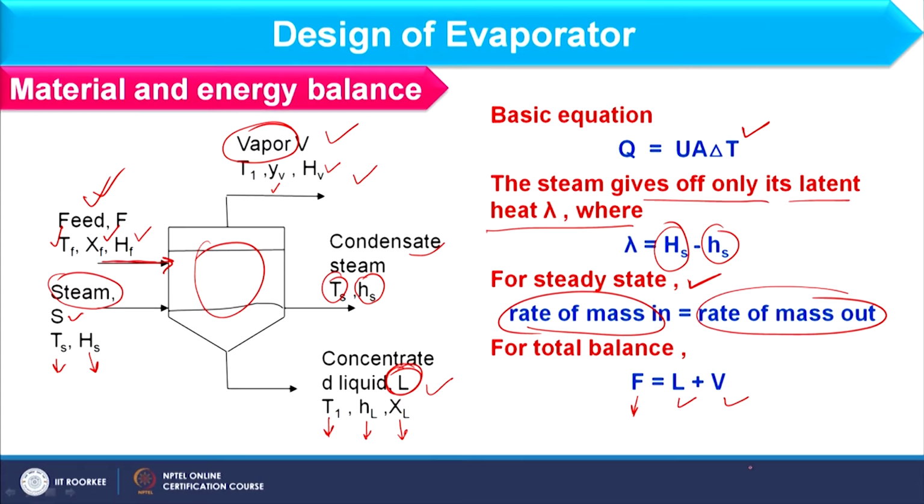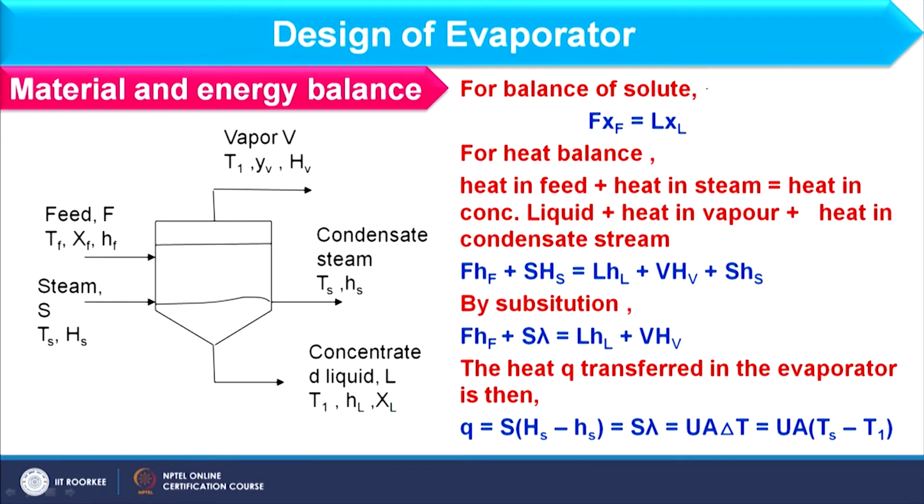So F should be equal to L plus V. Further, if I make the solute balance, the component balance, I assume that the vapor is solute free. Whatever vapor is generated does not include any solute. So YV should be 0. If I consider this, what is the meaning of that?